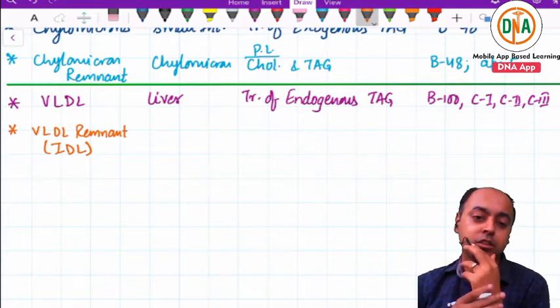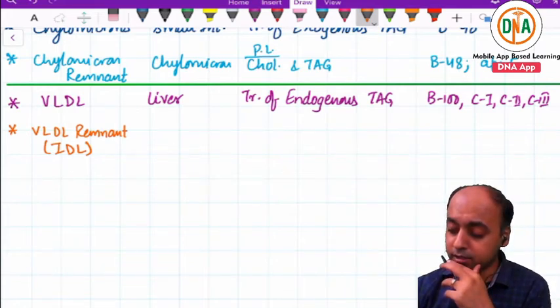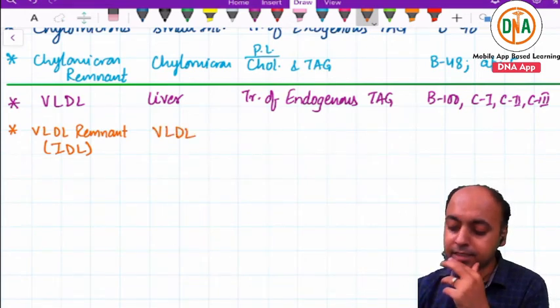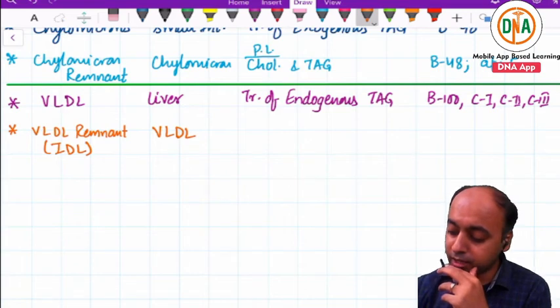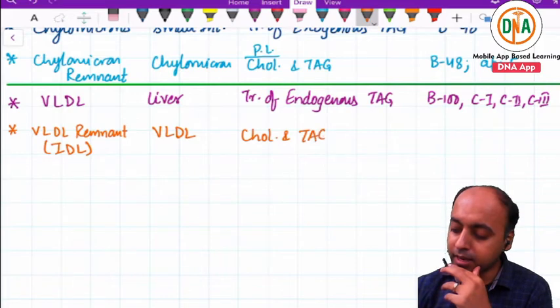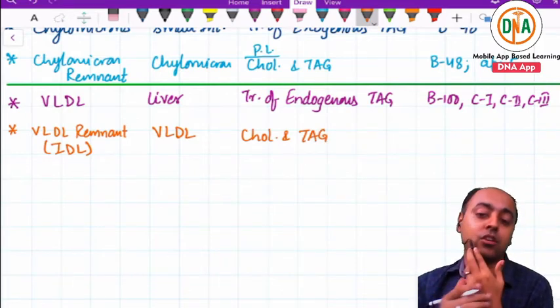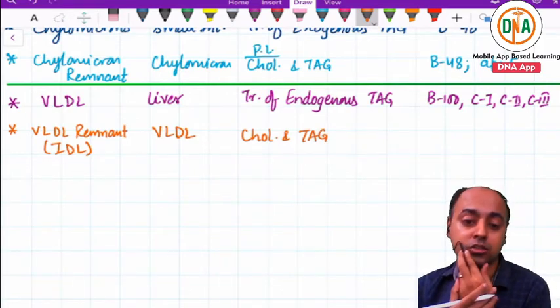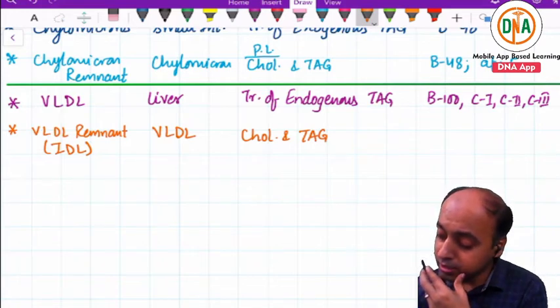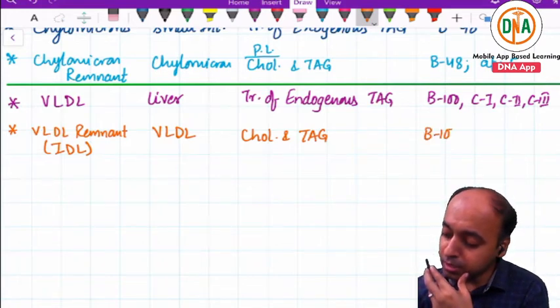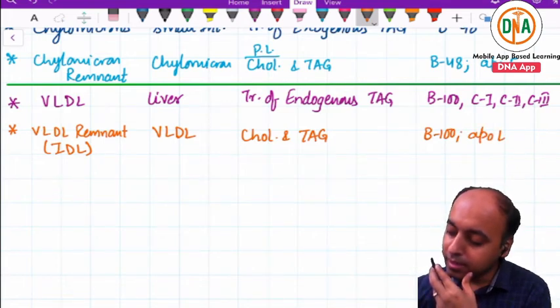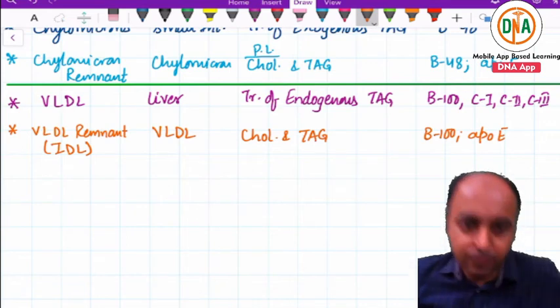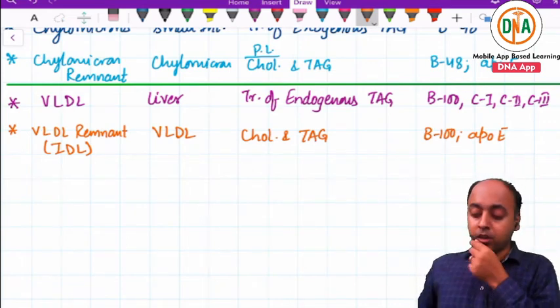So the VLDL remnant, known as IDL, is obviously synthesized from the VLDL, and just like the chylomicron remnant, it will now have comparable amounts of cholesterol and triacylglycerol. And a remnant, in addition to the primary apolipoprotein, will also have ApoE.